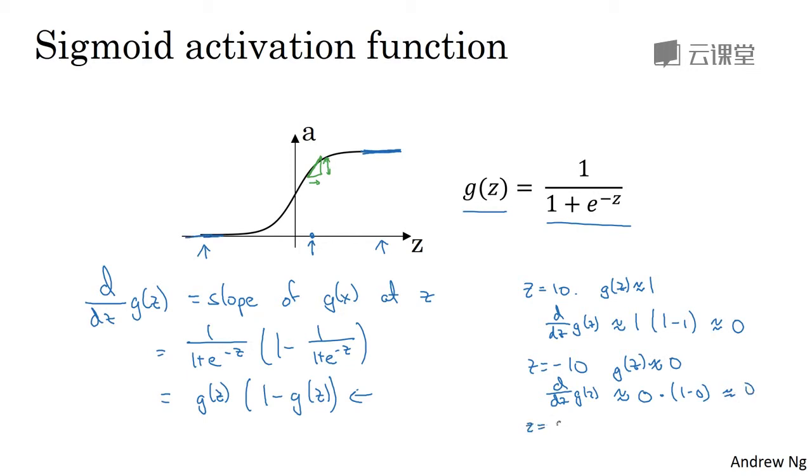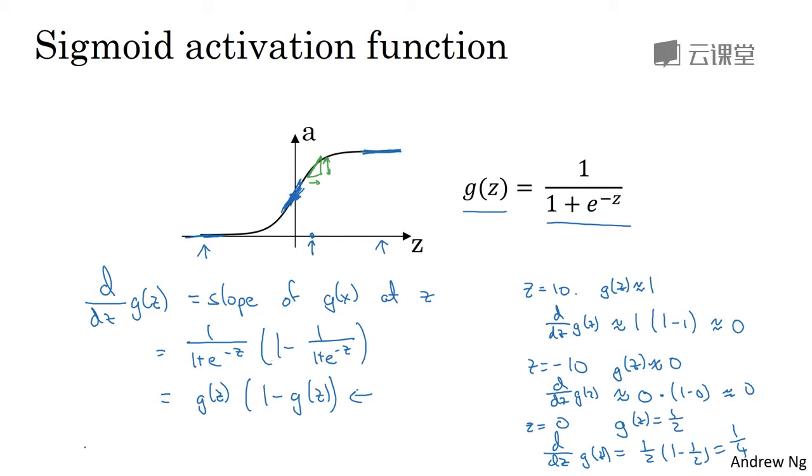Finally, if z is equal to 0, then g of z is equal to 1/2. That's the sigmoid function right here. And so the derivative is equal to 1/2 times 1 minus 1/2, which is equal to 1/4. And that actually turns out to be the correct value of the derivative, or the slope of this function, when z is equal to 0.